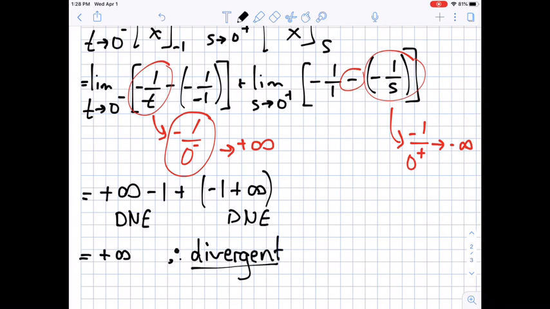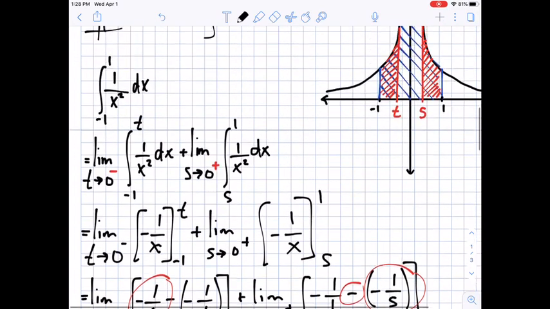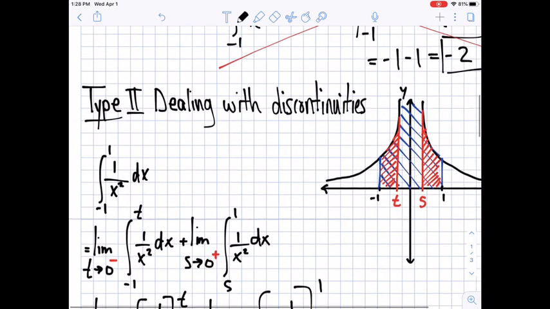And again, for improper integrals, that's really what we're interested in. Does the integral diverge or does the integral converge? So coming back up here, this region from -1 to +1 for 1 over x squared, that is an infinite region. That is a divergent integral.